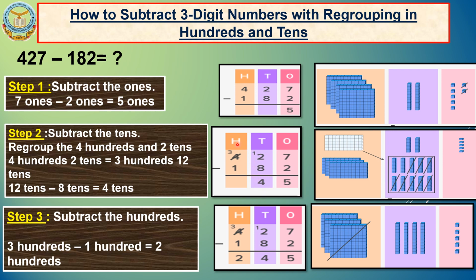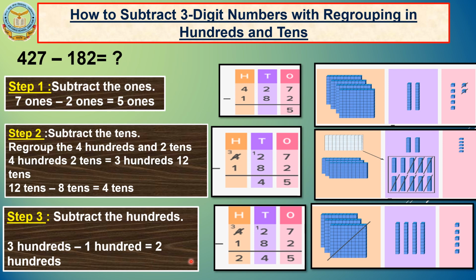and move to the hundreds place. Subtract the hundreds. 100 is less than 300, so it can be easily subtracted. So 300 minus 100 is equal to 200.